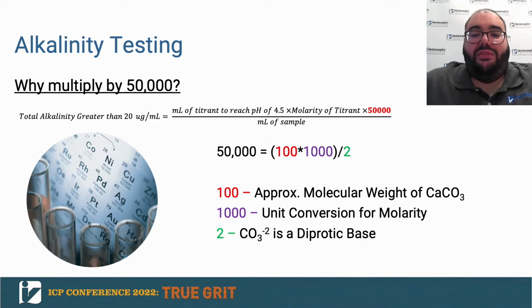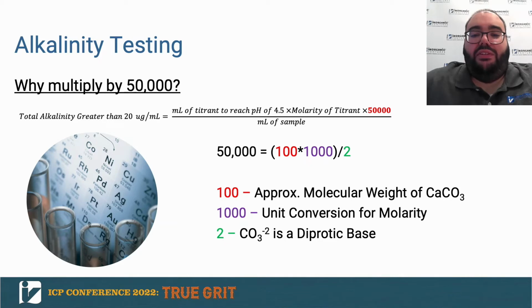And essentially those terms track towards 100 is the approximate molecular weight of calcium carbonate. It's not exactly 100, but it's very close to 100. 1,000 is a unit conversion for molarity.